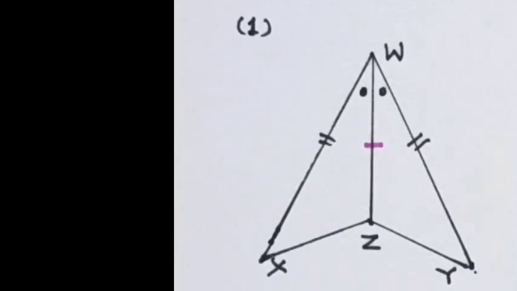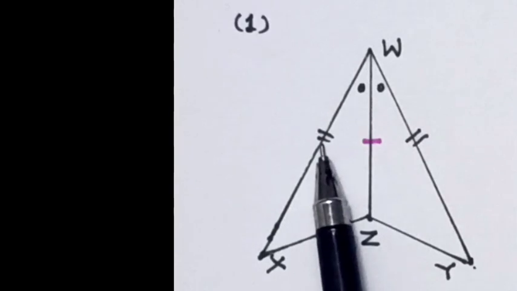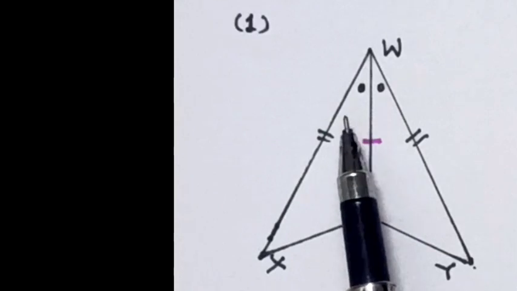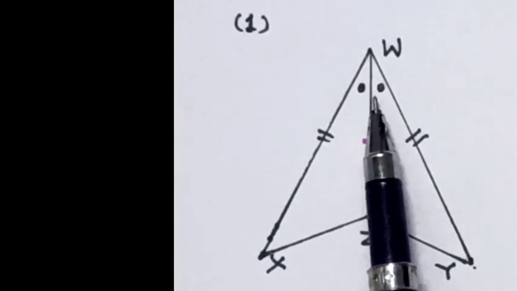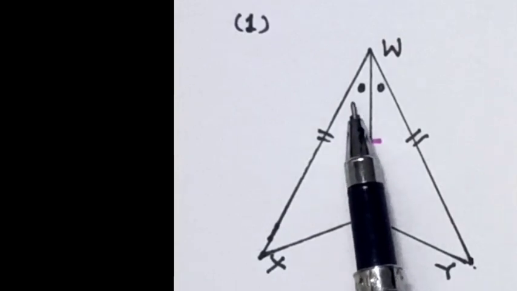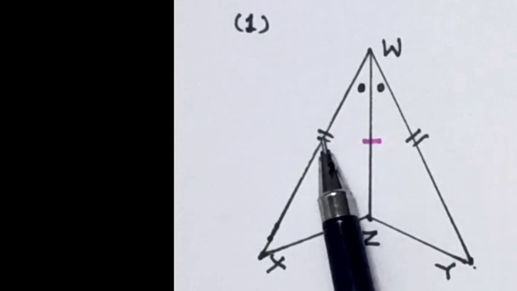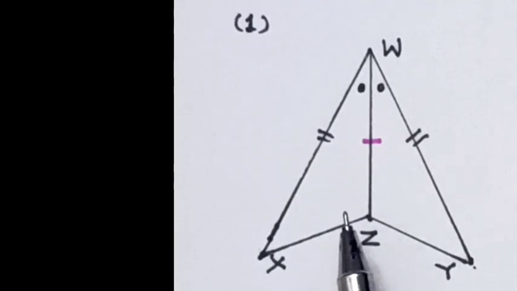Question number 1. Look at this. Here marks are given. Very well, you can see that here angles are given. So consider one triangle first: one angle is given, one side is given. Whenever you see two joint triangles, always try to understand that there may be one common side.